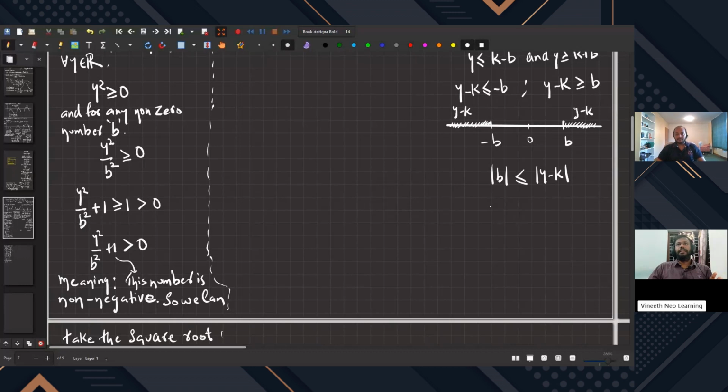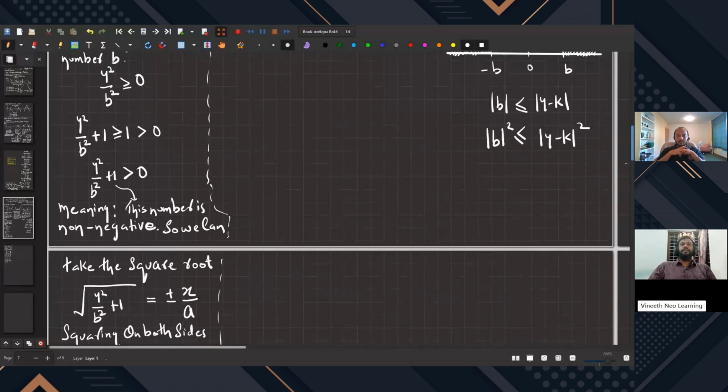So we can write that the absolute value of b squared will always be less than or equal to the absolute value of y minus k, whole squared. If we divide both sides by b squared, we get 1 is less than or equal to y minus k, the whole squared, over b squared.